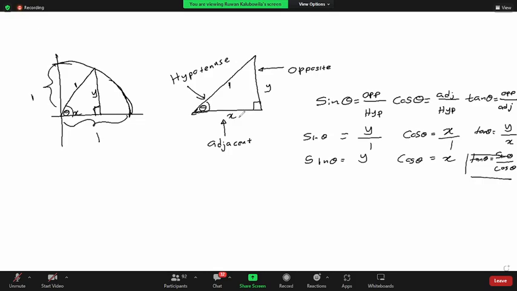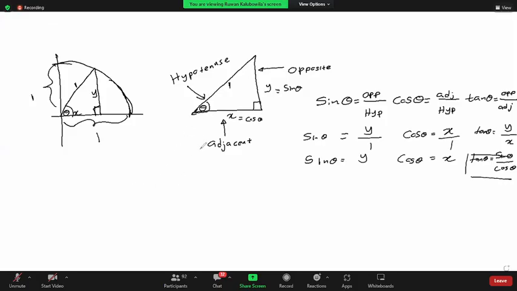If x is called cos theta and y is equal to sin theta, here you can see something special.